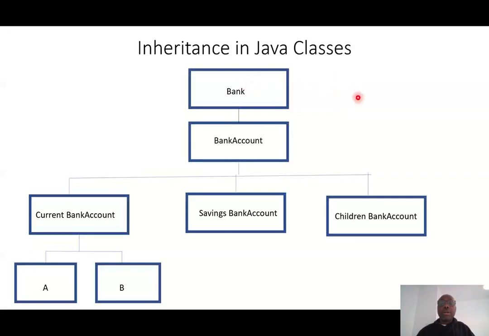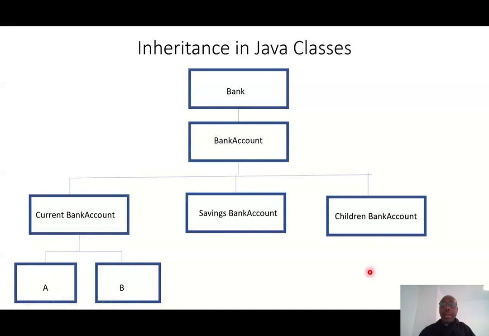The most general in this diagram is bank, because it has everything that all the other subclasses down to this level will inherit. But bank account is more special than bank, and these three types of bank accounts are more special than this. Why? Because they have everything here and here, as well as other things that these ones don't have. So the most specialized in this diagram are A and B.